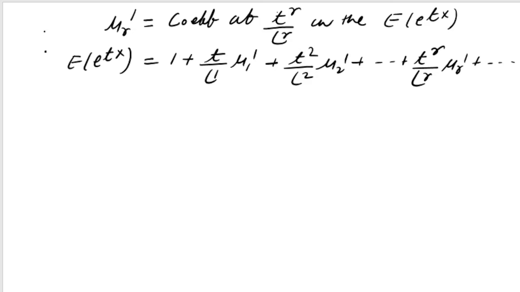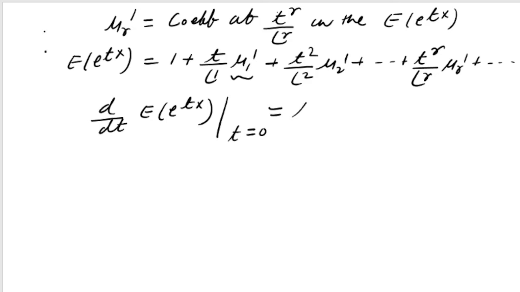So ladies and gentlemen, if I have to calculate mu 1 dash, did you notice what we can do? We can differentiate expectation of e to the power tx with respect to t, and in that I can put t equal to 0. I will get mu 1 dash.